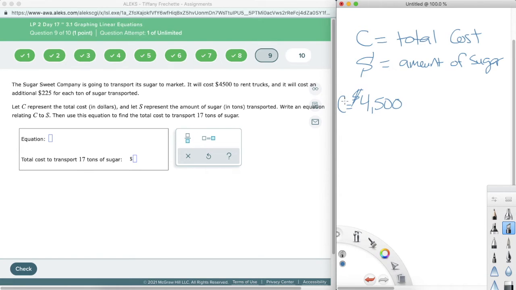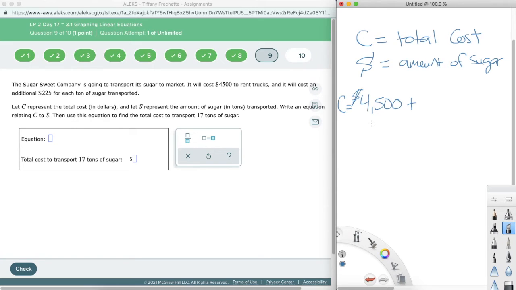So C is going to equal $4,500 plus we have to add in this additional cost. It's $225 for each ton of sugar. So if we transport 1 ton of sugar, it's $4,500 plus $225. If it's 2 tons of sugar, then it's $4,500 plus $225 times 2. And then if we did 3 tons of sugar, then it would be times 3.